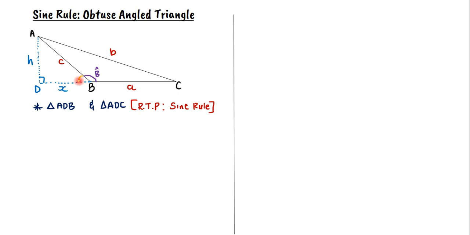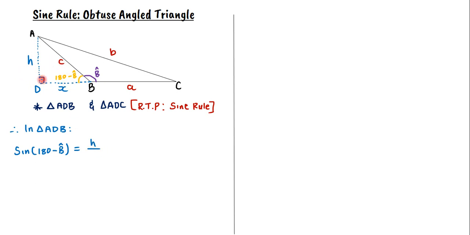In order to get this angle, I take 180 and subtract angle B. So this angle is 180 minus angle B. Therefore, in triangle ADB, to calculate this unknown h, I'm going to say sine of 180 minus angle B is the opposite, h, over the hypotenuse.